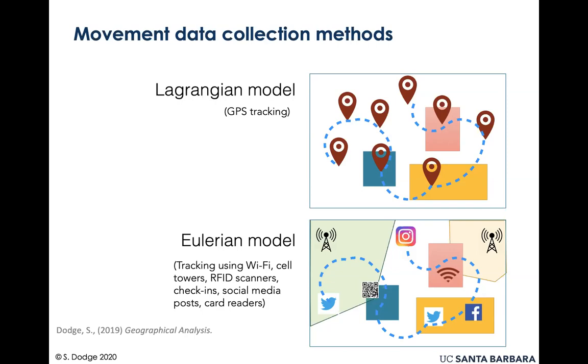So it's more coarse in terms of granularity, whereas in GPS tracking, the Lagrangian movement, we have more detail on the movement of entities as they move over time, depending on the resolution of the data.